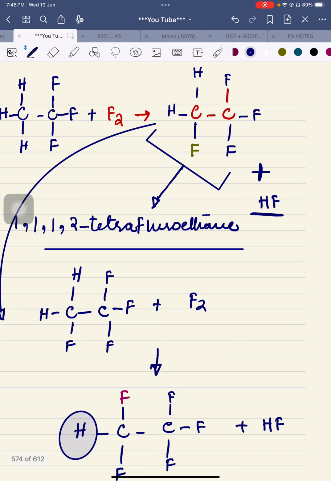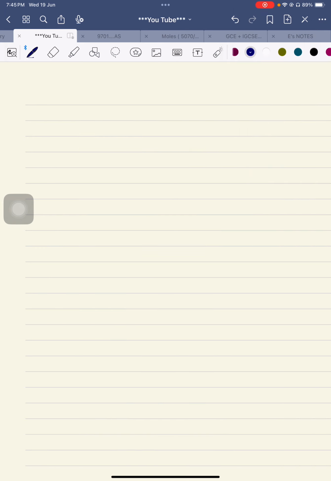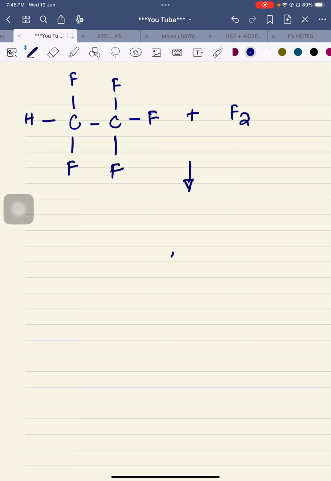Okay, so it is this. Now it is this, and this is the fluorine here, fluorine here, fluorine, and this is the remaining H, and this is fluorine. Guys, so it will be reacting with F2, and now I have this C, C, F, and F here, and F here. Along with this is F, and this is F, and this is HF.